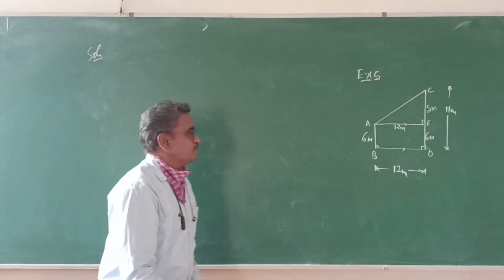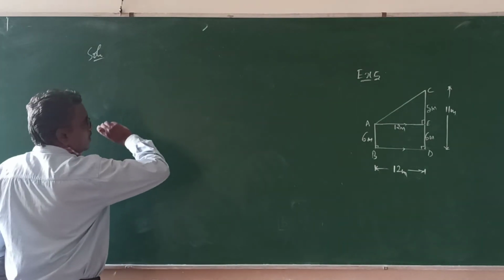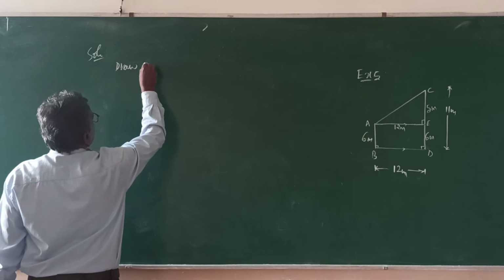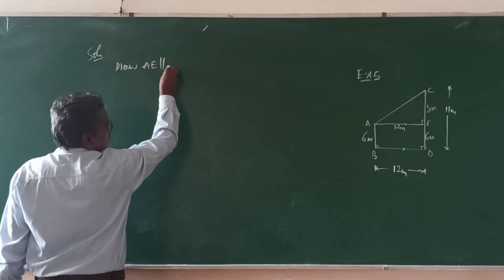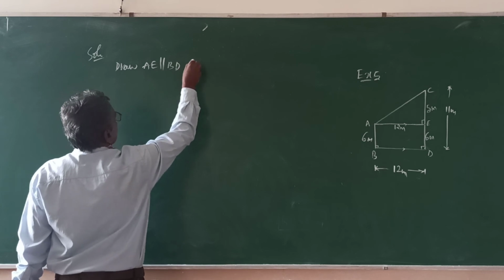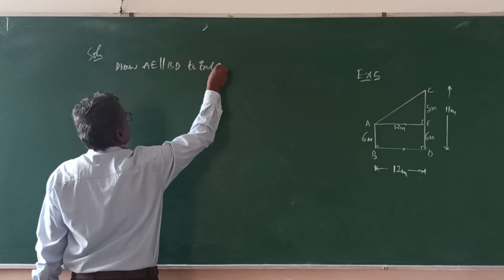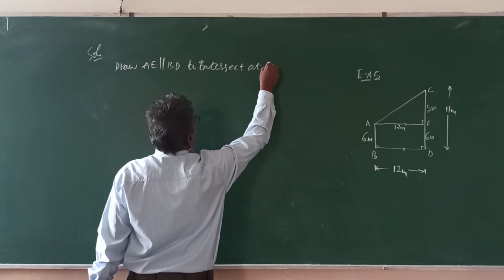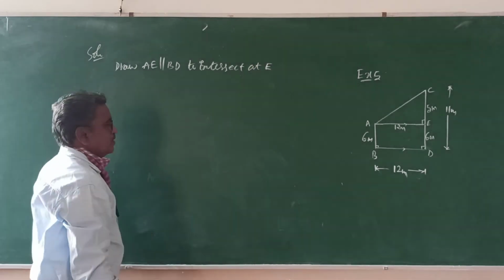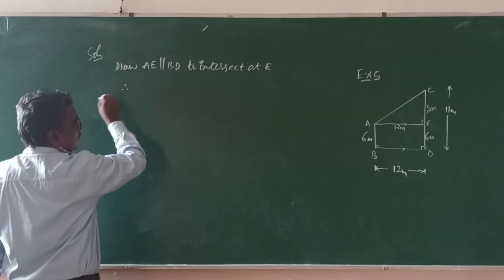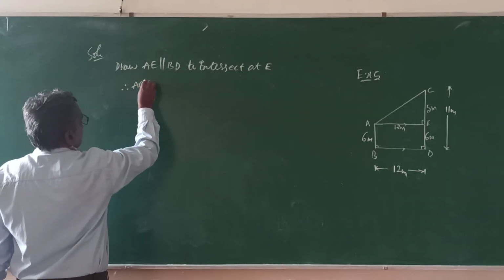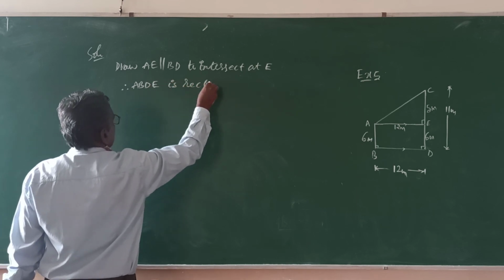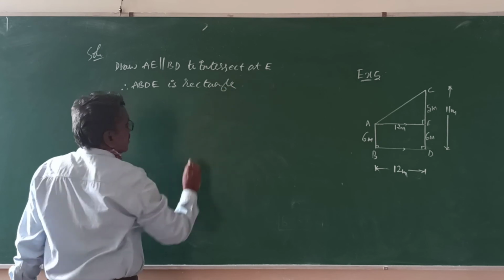So, simple. Draw AE parallel to BD to intersect CD at E. Therefore ABDE is a rectangle.